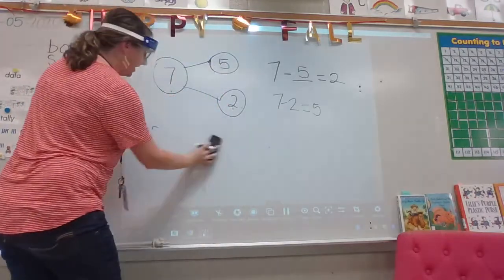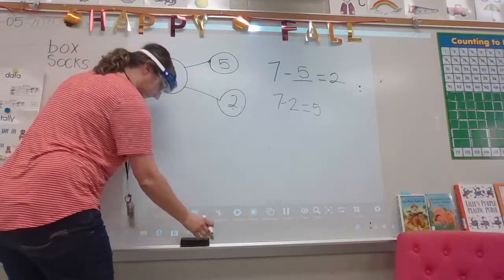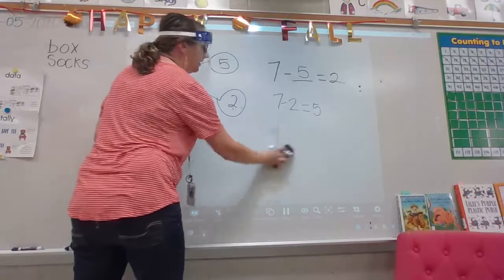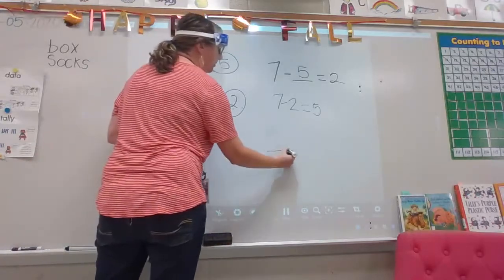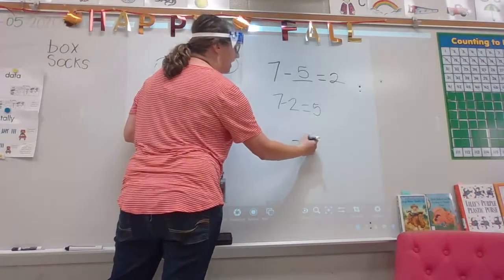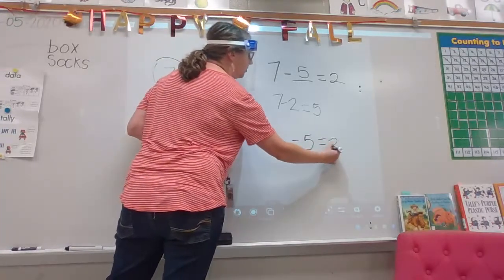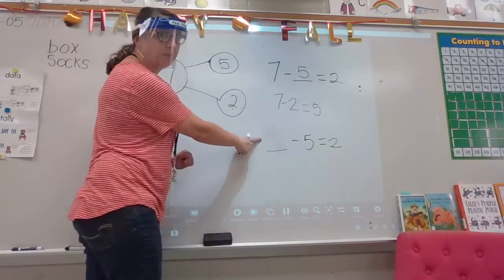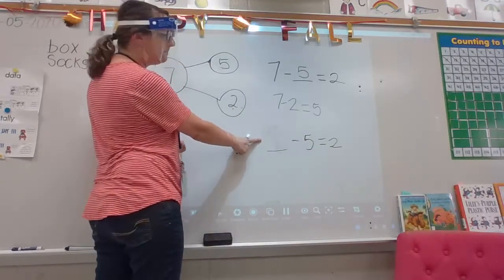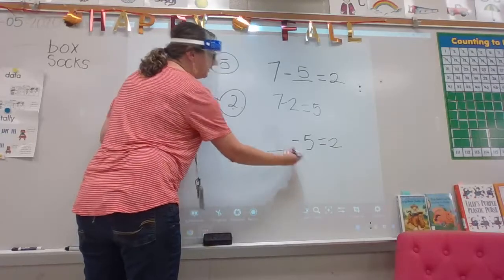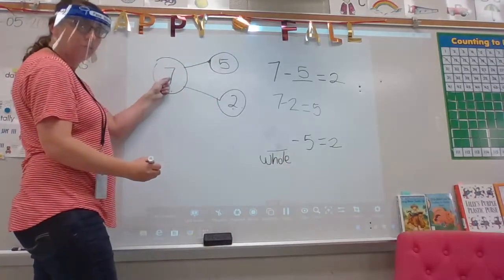Let's say I have 7. I'm going to leave out this part. Blank minus 5 equals 2. So this time I'm missing the first number in my subtraction problem. That means I'm missing the whole number. And when I subtract, we always start with our whole number.